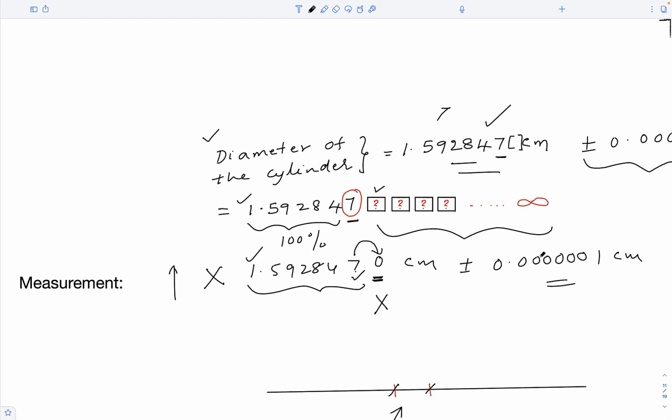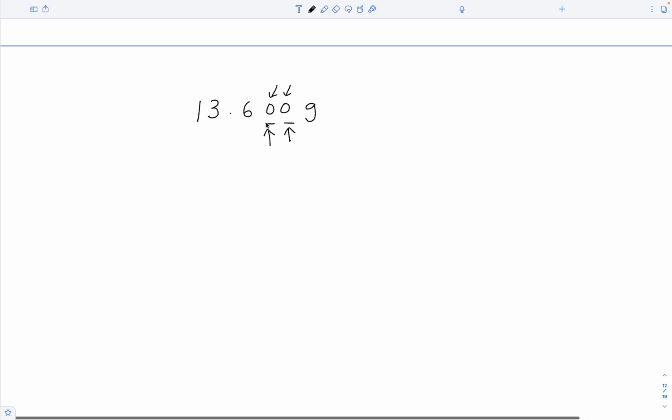Okay, then what about dropping trailing zeros from the decimal part of a measurement? Say we measured the mass of an object and found it to be 13.600 grams. These two trailing zeros in the decimal part have come out of the measurement process. I did not add them. We put effort to know the values of these two digits and found them to be zeros. They could have been any other numbers instead of zeros.